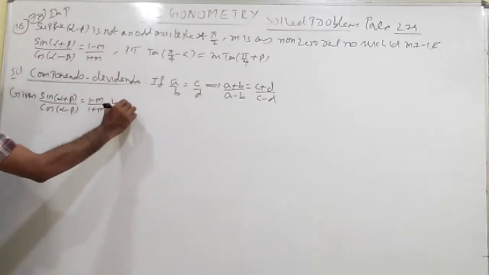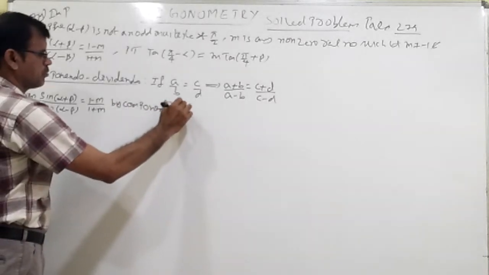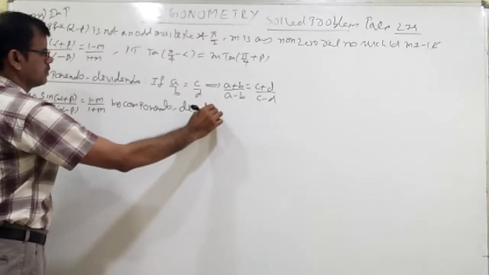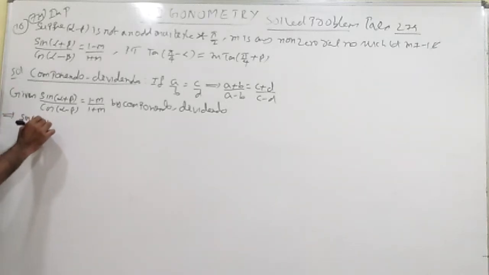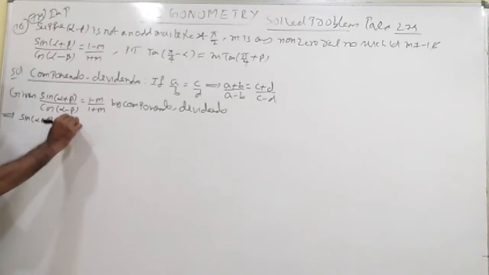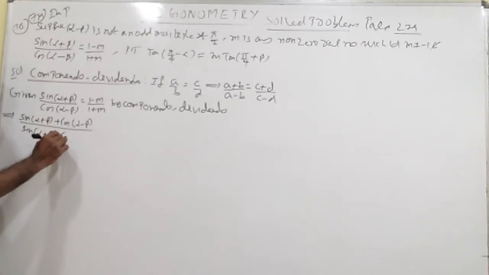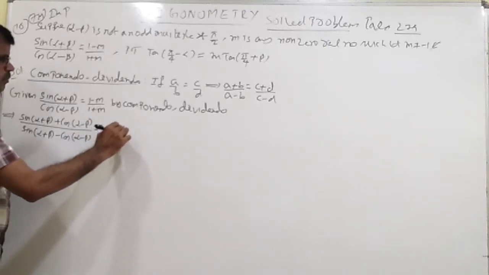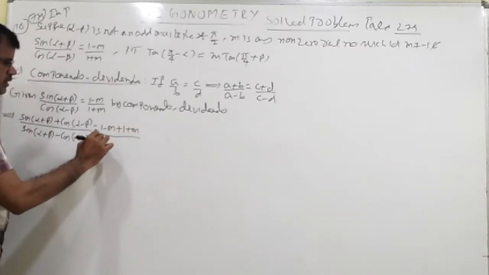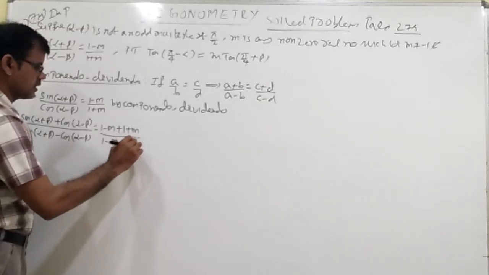Now, by componendo and dividendo, that implies numerator plus denominator: sine of alpha plus beta plus cos of alpha minus beta, by numerator minus denominator: sine of alpha plus beta minus cos of alpha minus beta, is equal to 1 minus m plus 1 plus m by 1 minus m minus 1 minus m.